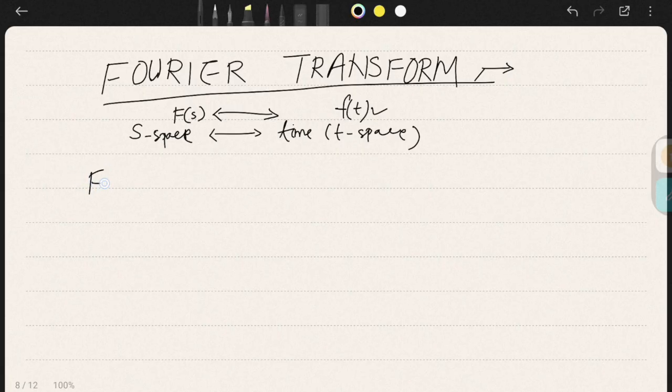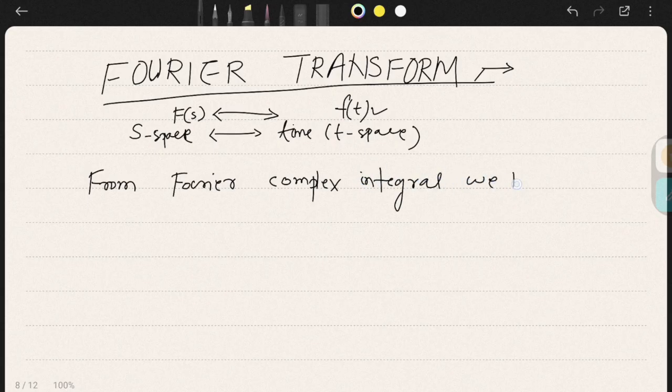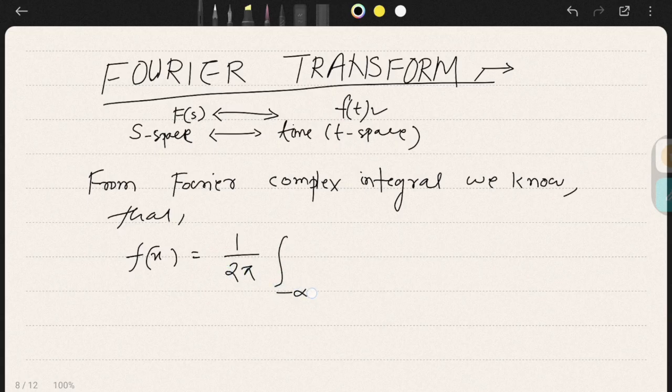So let's derive it from the Fourier complex integral formula. From the Fourier complex integral, we know f of x is 1 by 2 pi, e to the minus i omega x d omega, f(t) e to the i omega t dt.